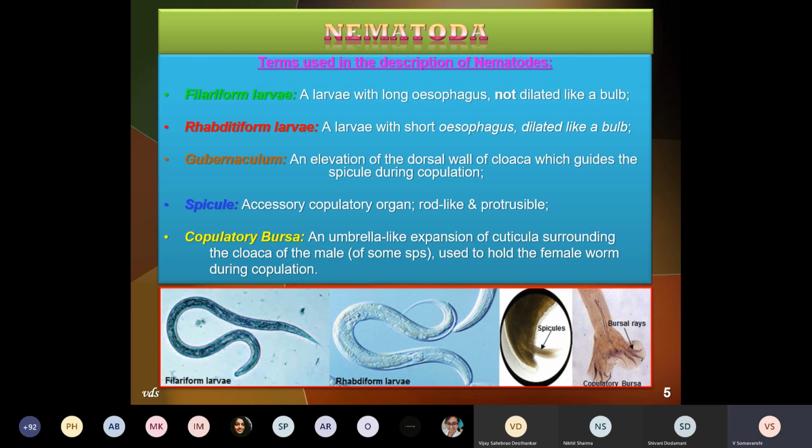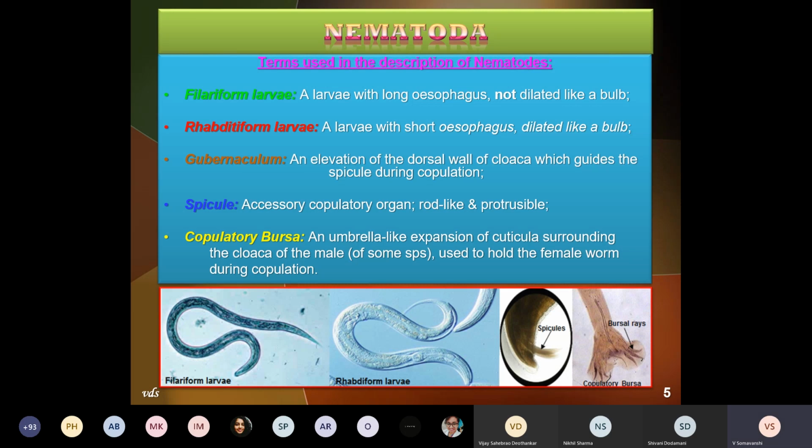The second term for the larvae is rhabdiform larvae. Now this rhabdiform larvae is the larval form which is released from the embryonated egg.